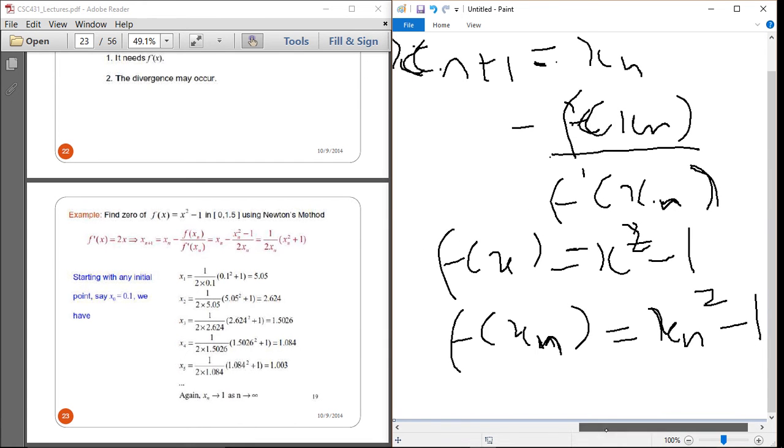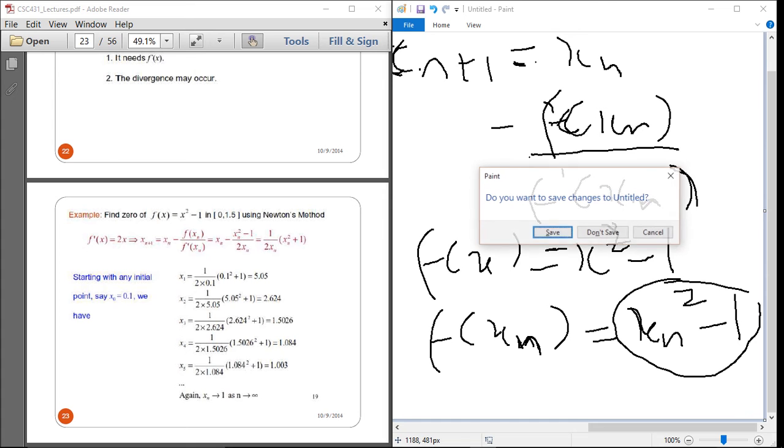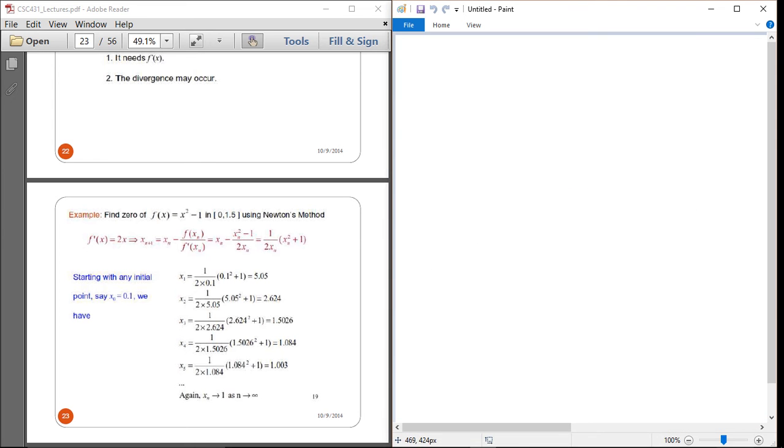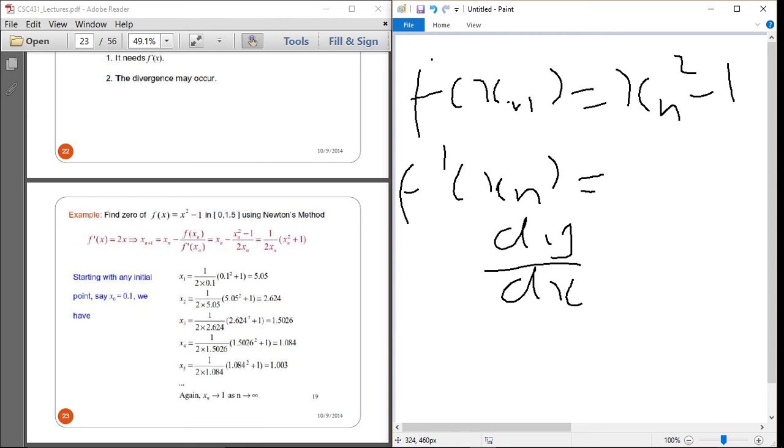Right? And then the second one says f prime of xn, that is, differentiate this. So f of xn equals xn squared minus 1, and f prime of xn equals dy/dx of f of xn. The way differentiation works, basically, if you are differentiating x squared, you have 2x.